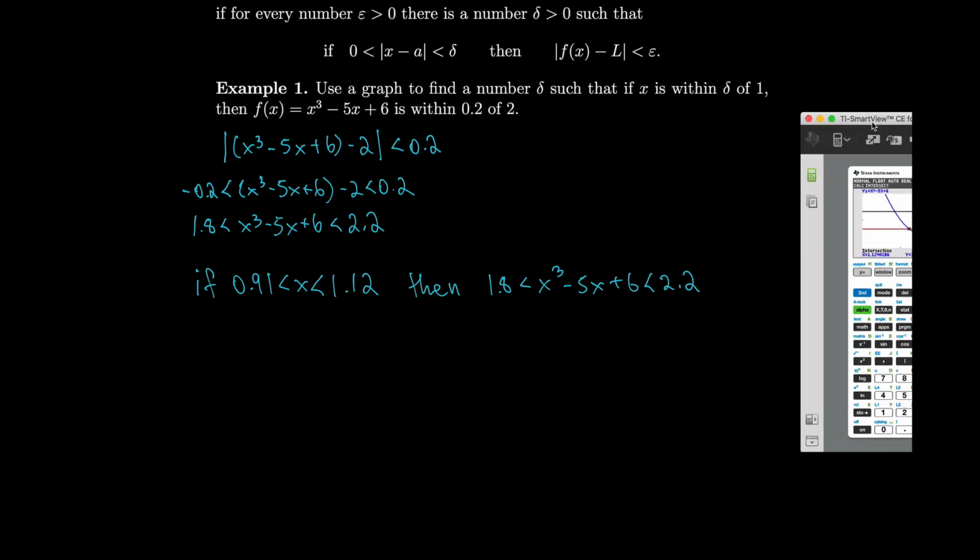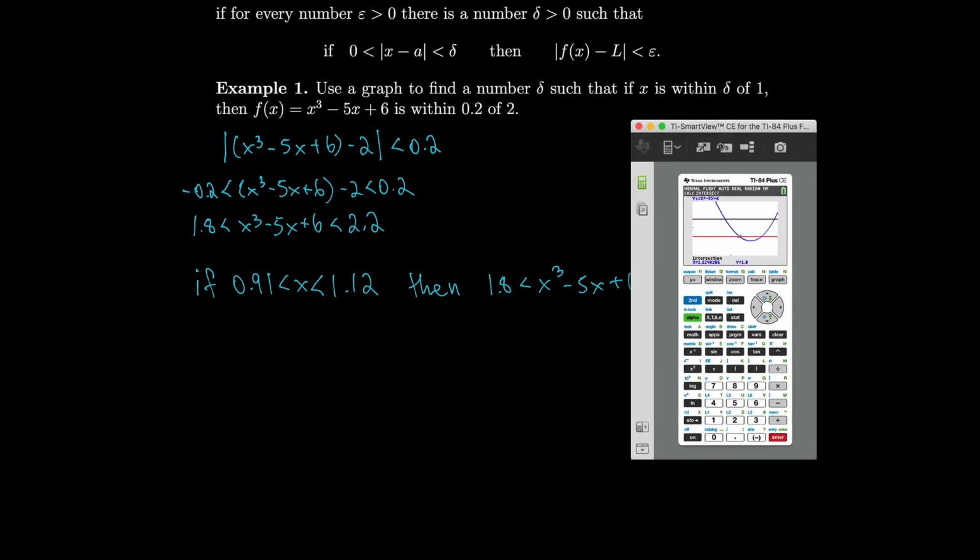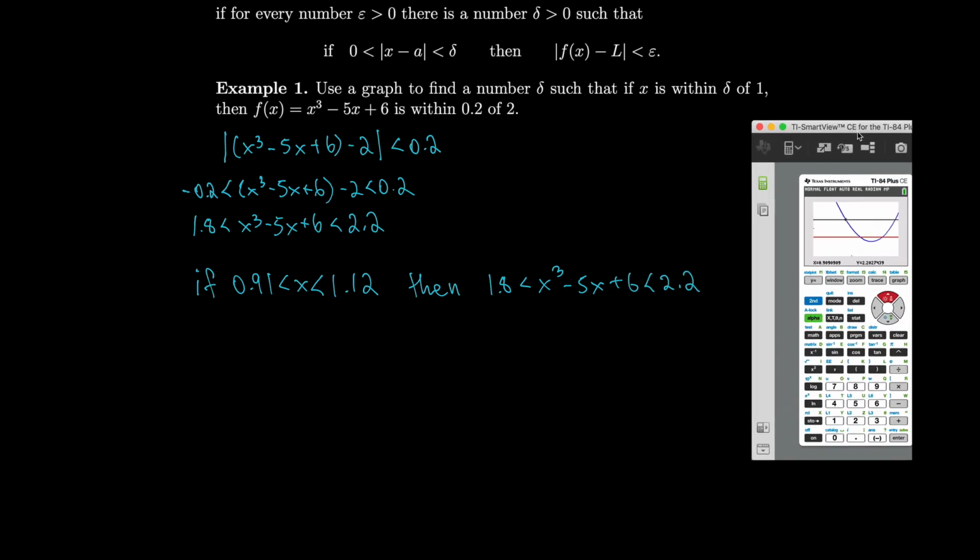Which should make sense looking back at our calculator. If you plug in 0.91, then you get a little bit more than 2.2.